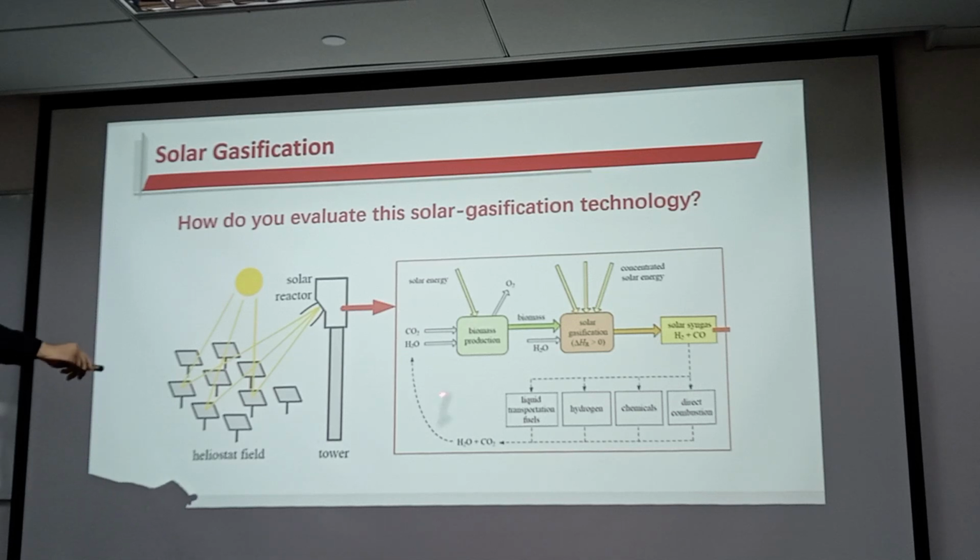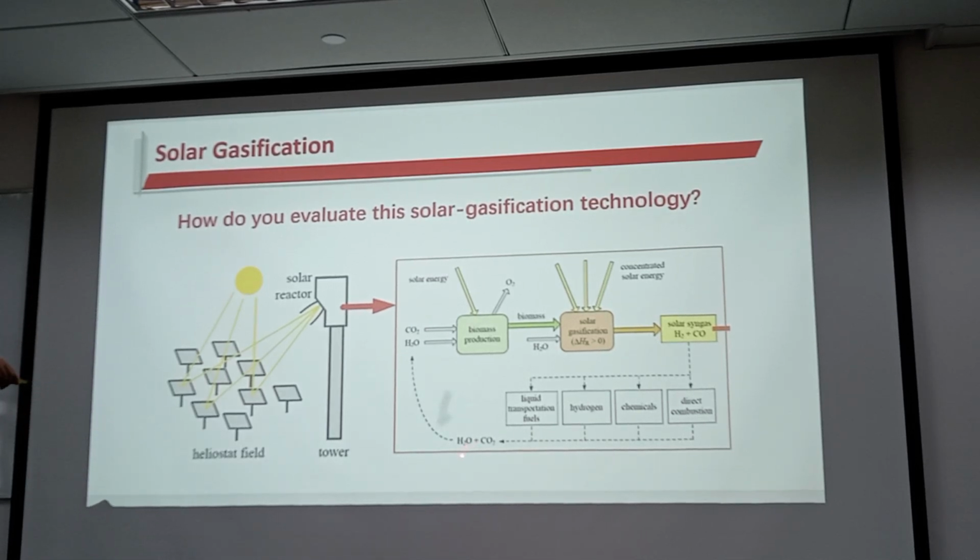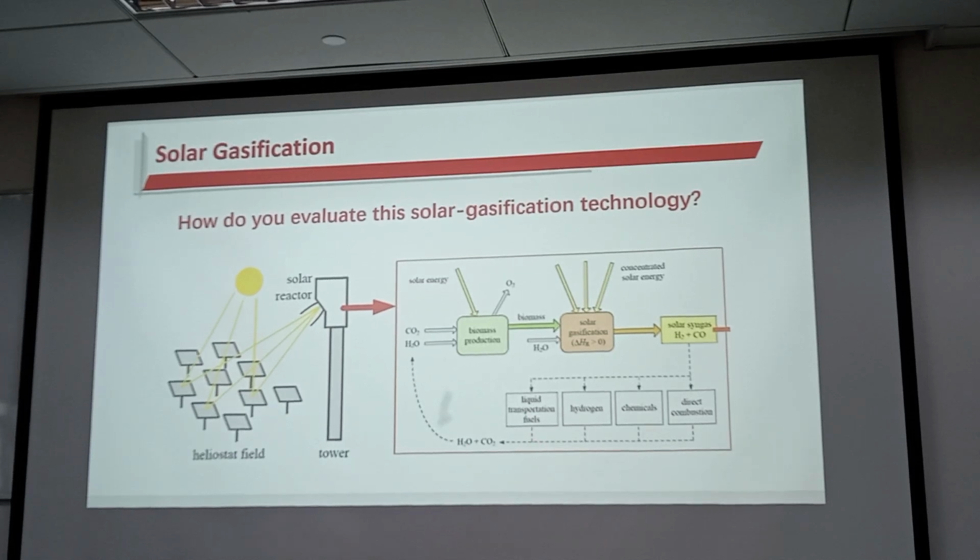In this case, from this part, you can see that we can recover the moisture and the carbon dioxide. We can use that as a source in the biomass gasification process to create a cycle. If we can close the loop, it would be a very great technology.